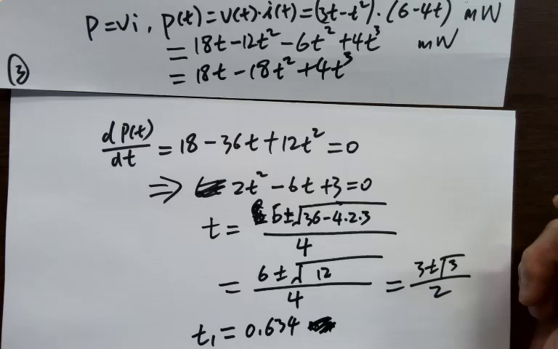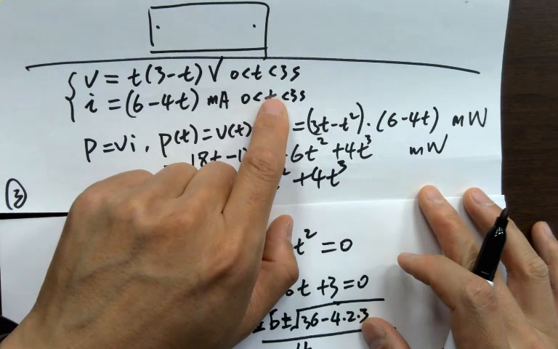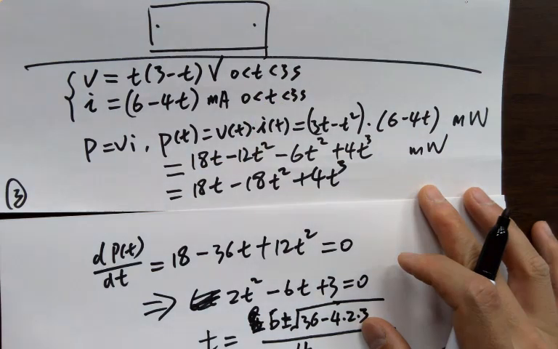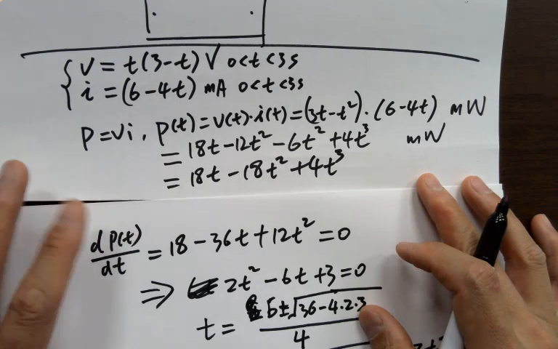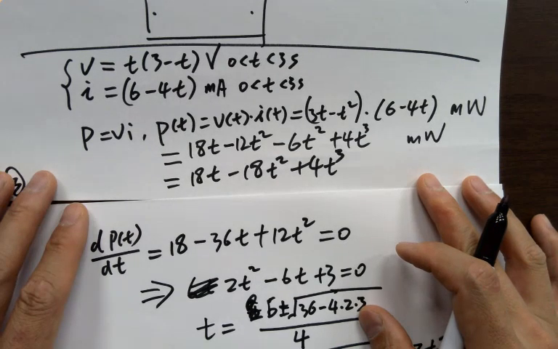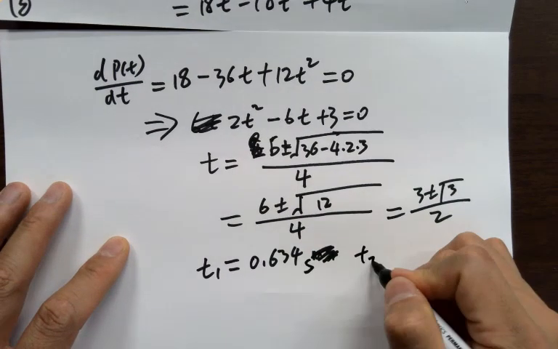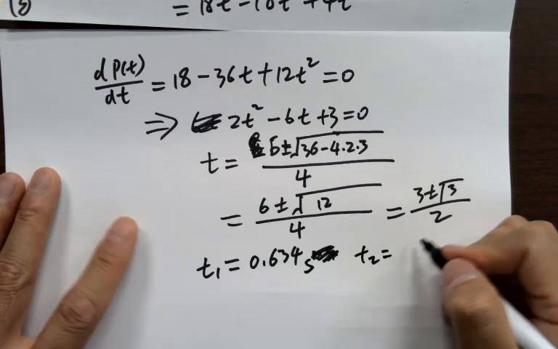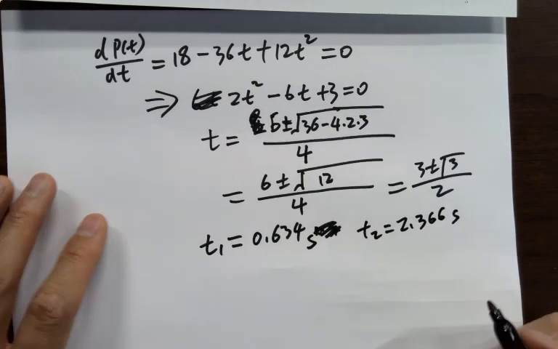T has been in seconds, yes, over here. So T2 is 2.366 seconds, like that.